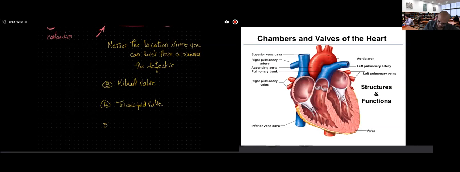And number 5, it's going to be the aortic semilunar valve. All right, so those are numbers 3, 4, 5 for today's in-class activities questions.